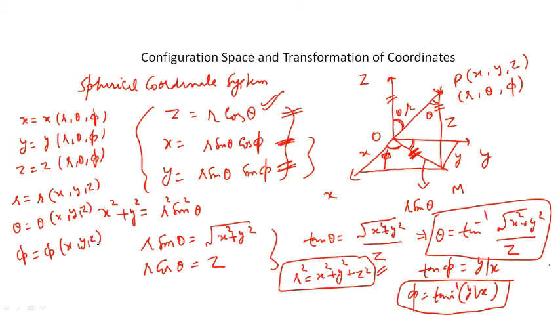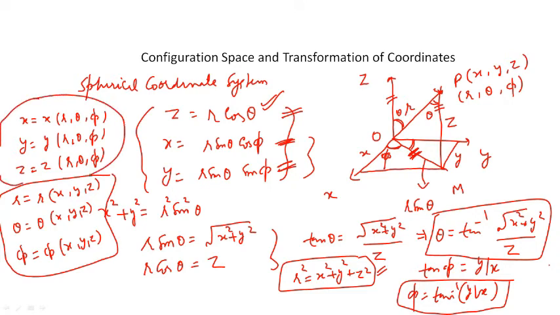So you can make relations between the Cartesian coordinates and the spherical polar coordinate system, and that is how we can transform one coordinate system to the other.